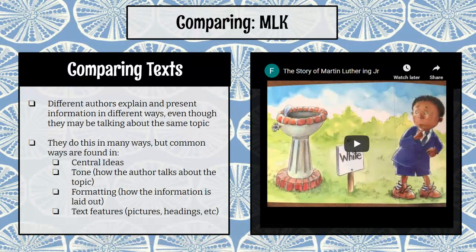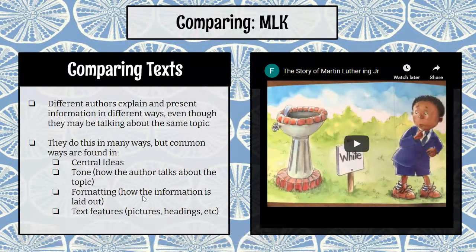Children's stories are going to be a little bit more fun, more playful than that long article that we read. Think about the audience that your information is intended for. This one is intended for kids, whereas that article is intended for maybe older kids, middle schoolers, high schoolers, maybe some adults. So you see a difference in that tone and how they're talking about him.